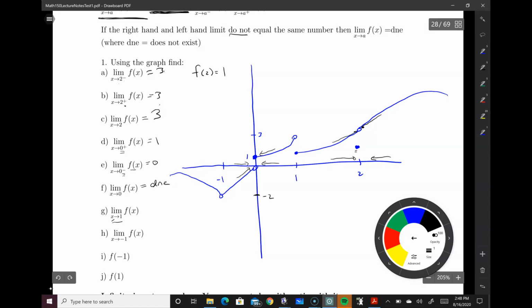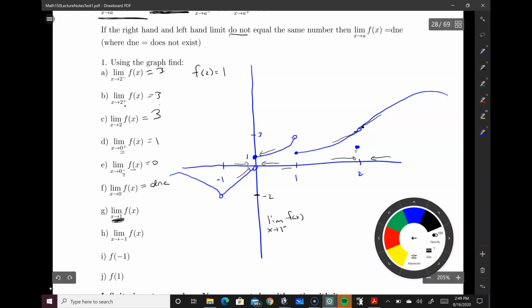All right, this one, it's implied you have to do both. So when it says limit as x approaches 1, you have to go figure out what both the left-hand and right-hand limit is. So let's just kind of write it down. But this would be implied that you would have to go figure this out. So notice you have to put the limit of the function as x approaches 1 from the left, from the negative.